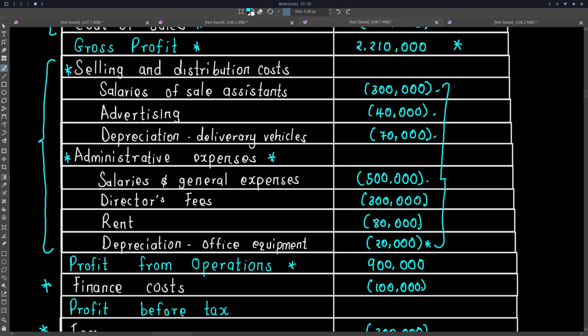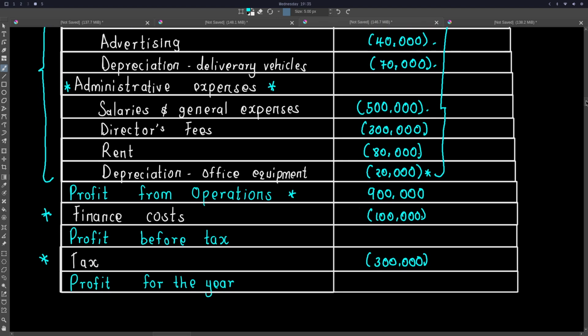Even if the profit for the year is going to be lower, it is because they have a finance cost, because they had to take a loan so that they are able to sustain the business. So basically it is classified like this for someone to be able to see how the business is operating, whether it is operating effectively.